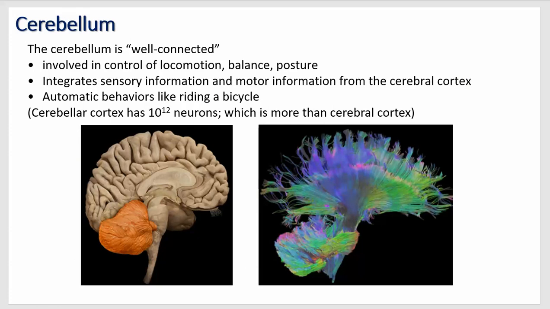All right, so the last structure we're going to talk about is the cerebellum. It says the cerebellum is well connected, and that's because the cerebellum works as a separate little brain. It's got a lot more short, non-myelinated neurons in it, but it definitely sends out processes to the entire brain, and that's what this is showing.